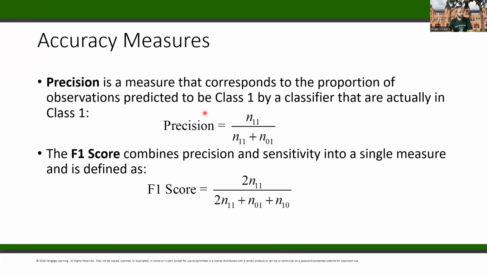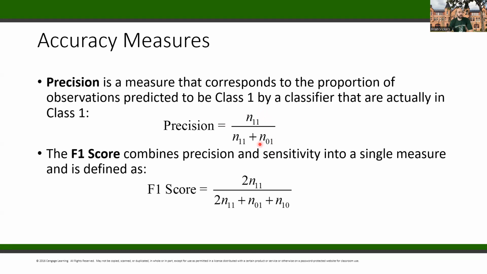Rate. Precision, so specifically how many times did we predict a class 1 that actually is in class 1? So not error rate, because you're looking at all the times you predicted class 1, but this includes the times you predicted class 0 and it actually was class 1.